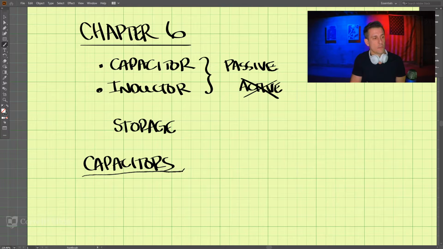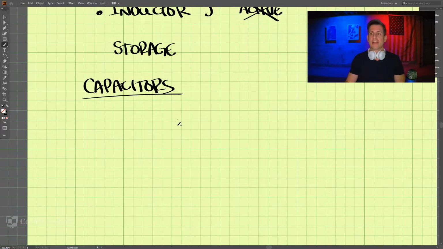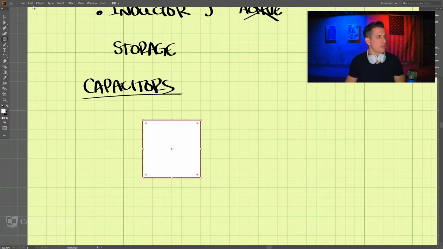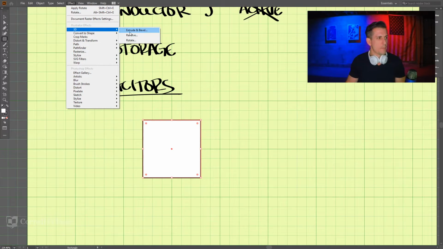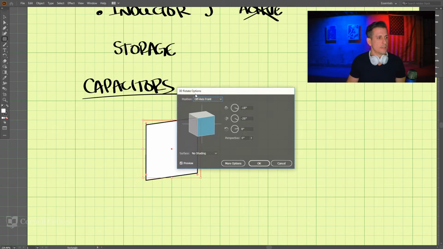So let's talk a little bit about capacitors. We can simplify these as, let's take a look here, see if I can draw a capacitor.